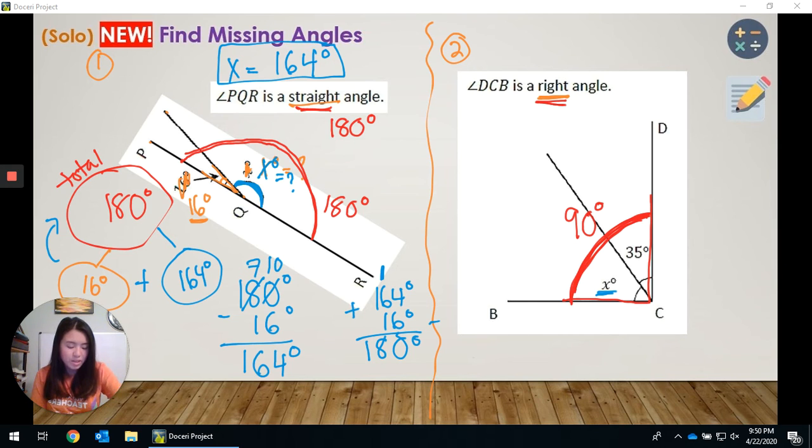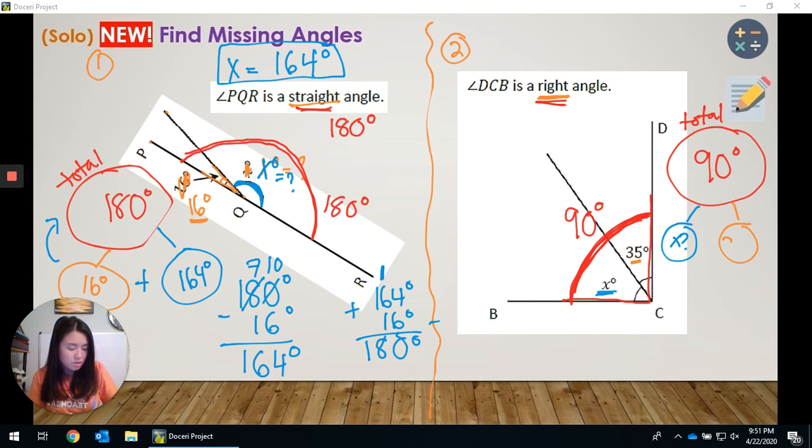So now that we know that this big space for the angle is 90 degrees, let's look and see what is our total. We have 35 degrees inside of that 90 degrees, and we have X, which is also smaller and inside the 90 degrees. That means 90 degrees is our total. And that means we also have 2 parts. We have part X that we're trying to find and the other part, which is 35 degrees.